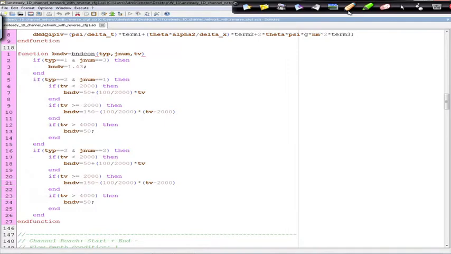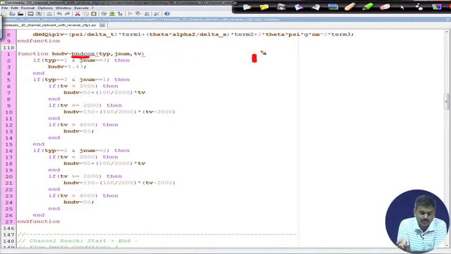This is boundary value function, this is boundary condition BD con, this is type. If type is 1, we will specify the depth. If type is 2, then we will specify discharge, then junction number, depending on the junction number we can specify, and TV or time value is required in this case.